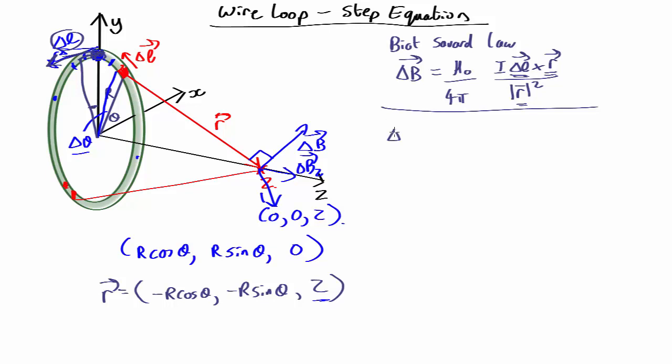So we know that delta L is going to be, in x, y, z coordinates, minus r delta theta, 0, 0. How about r? Well, we worked out what r was here. We now know that theta is going to be 90 degrees, so cos theta is going to be 0, sine theta is going to be 1.